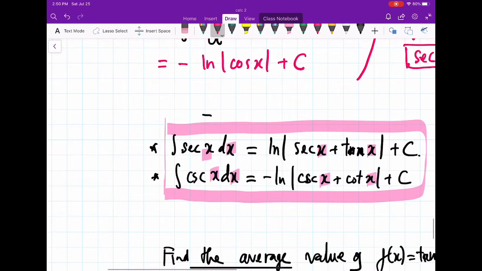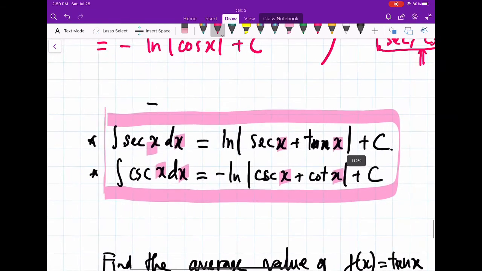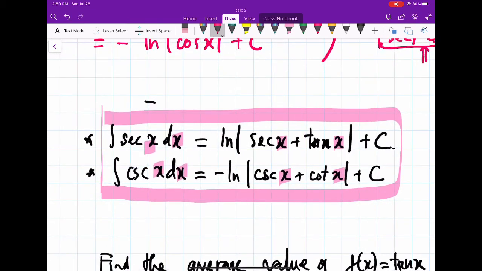All right, they are here. So if you need the antiderivative of secant, you have ln of secant plus tangent. For cosecant, you have this formula right here. And in case you replace the x with u, some function, these formulas also work.